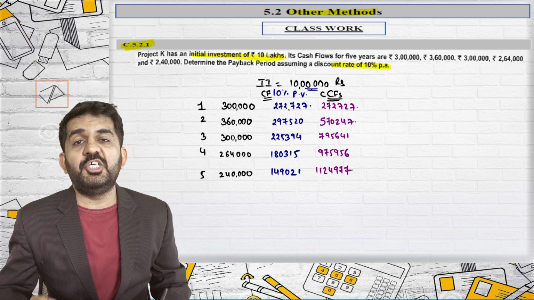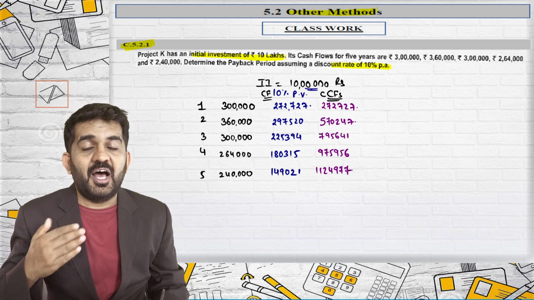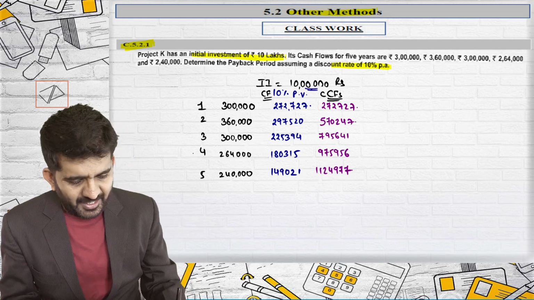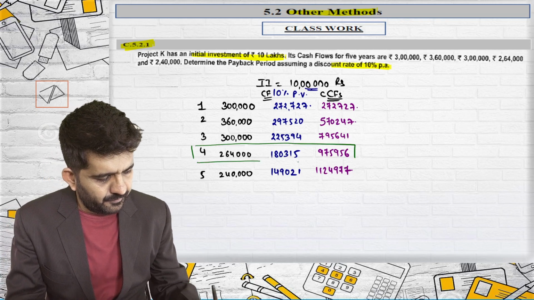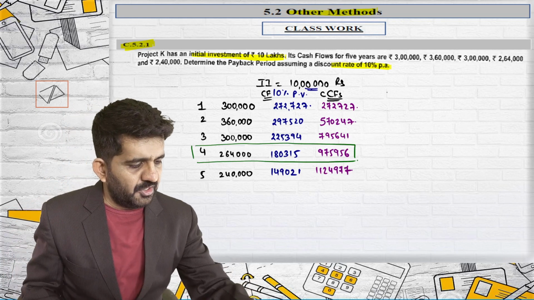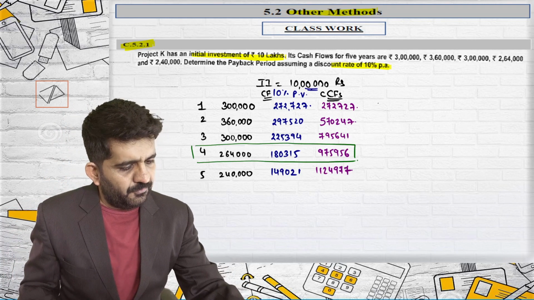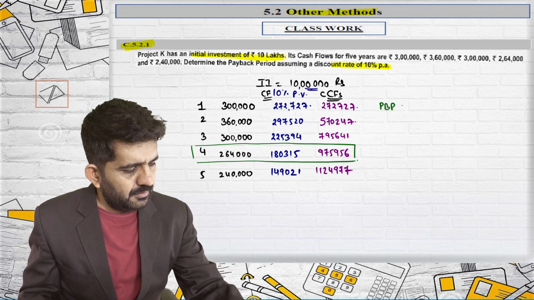My initial investment of 10 lakhs will be recovered after 4 years. So I am taking fourth year as a base. And I am using the formula which I have derived for payback period.